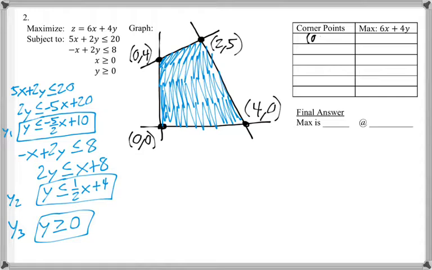So 0, 0, 0, 4, 2, 5, and 4, 0. Those are the points that I want to plug into the objective function.